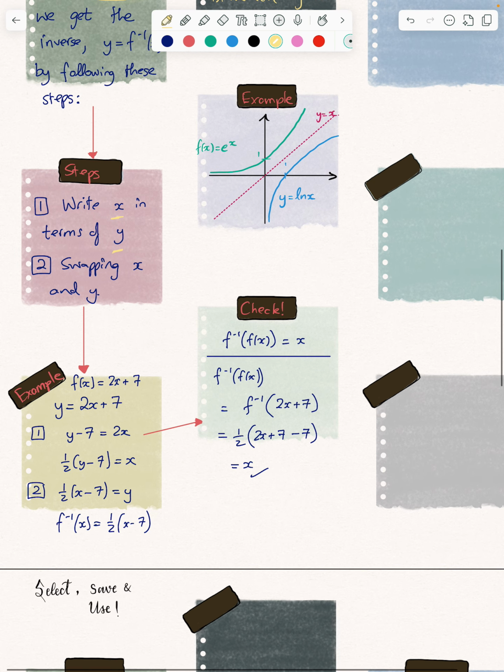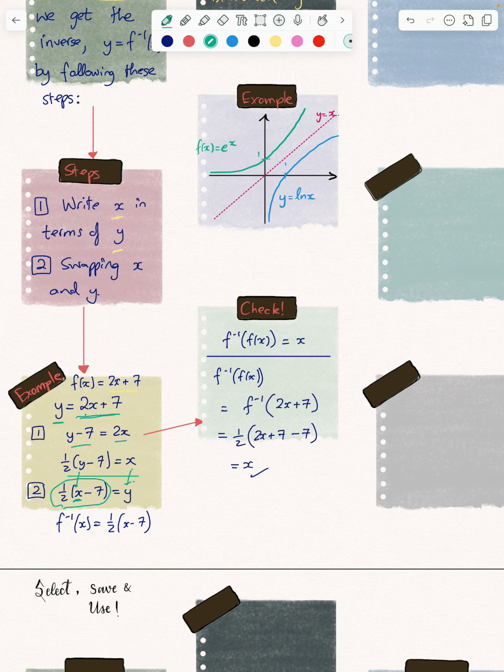An example here: if f of x is 2x plus 7, then you can say y is 2x plus 7. Write x in terms of y, so 2x is y minus 7, x is a half of y minus 7, and then you swap x and y. So this y becomes an x, this x becomes a y, and this here is your inverse function.